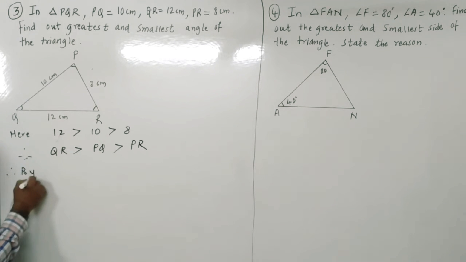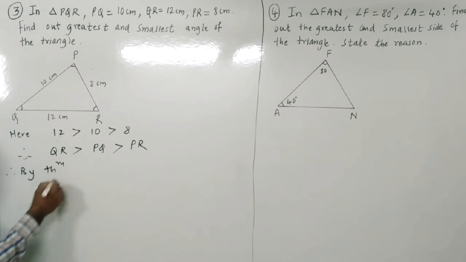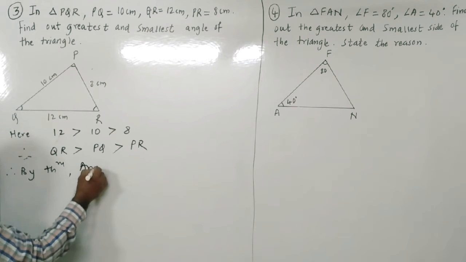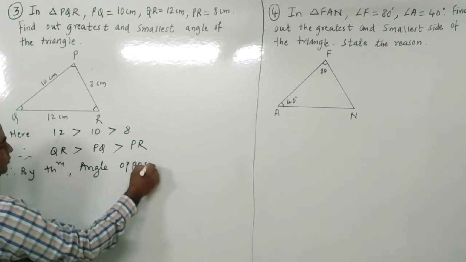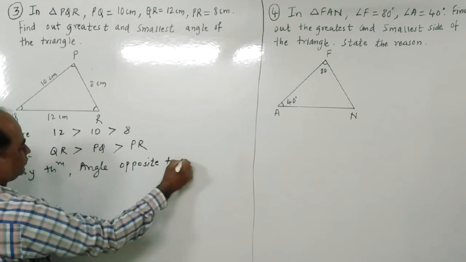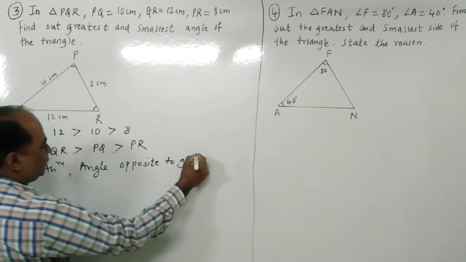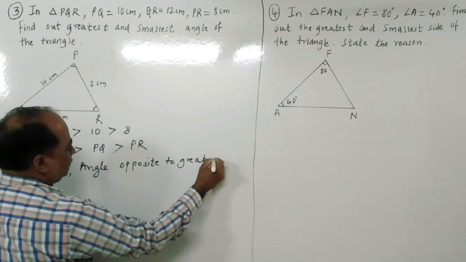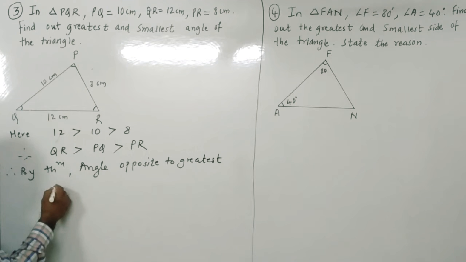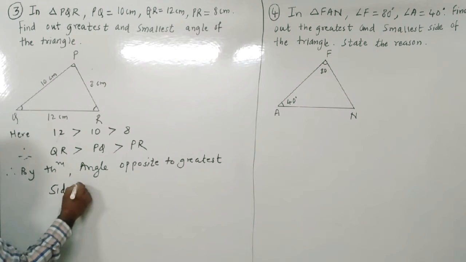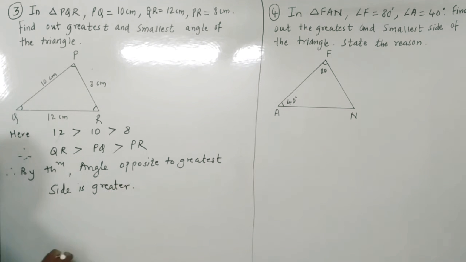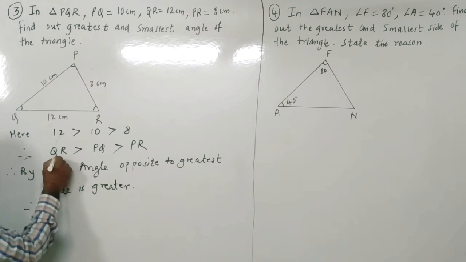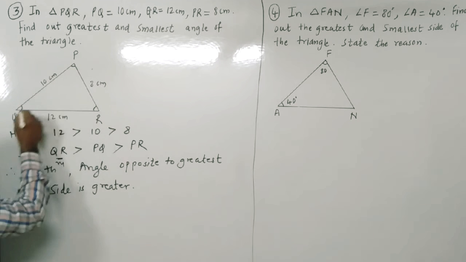Therefore by theorem, angle opposite to the greatest side is greater. QR is the greatest side.